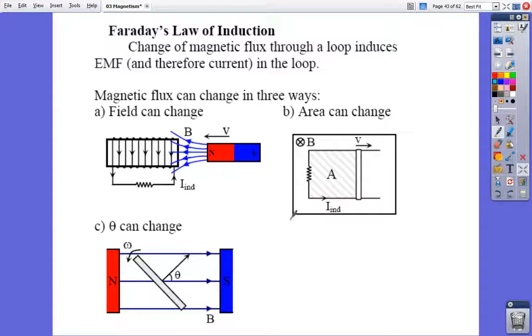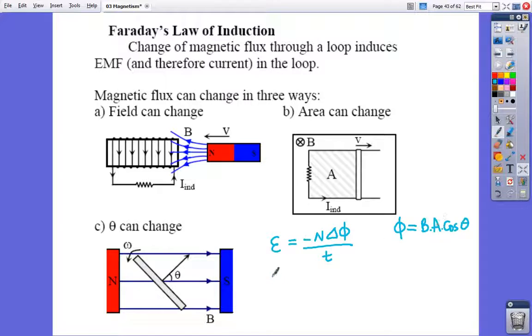If I want to write down all the things, EMF is actually equal to minus N delta flux over time. As we know, flux is actually magnetic field times area times cos theta.